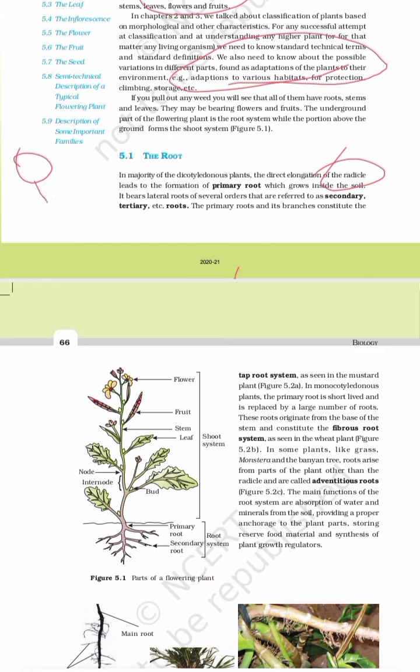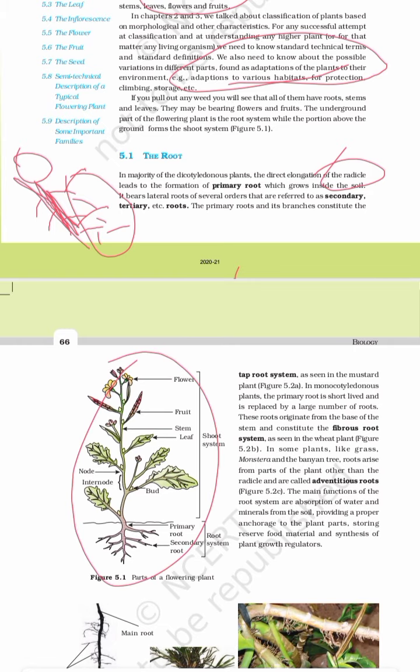Here, this is the primary root which I am drawing, then the secondary root comes, and again a tertiary root comes, but these are never bigger than the primary root. So it is called a taproot system. It is normally seen in a mustard plant.